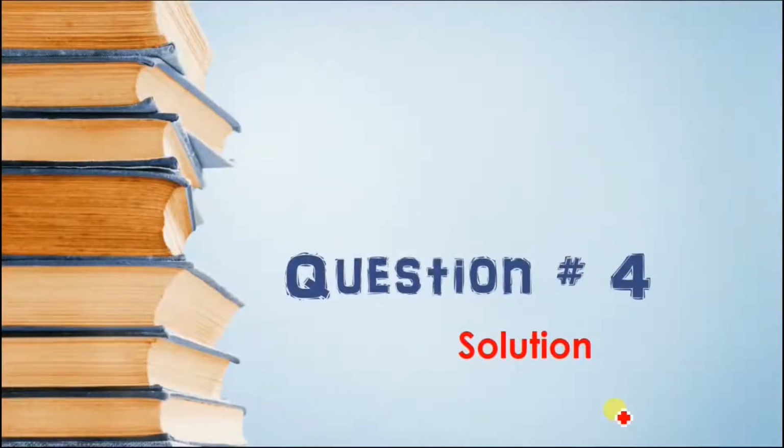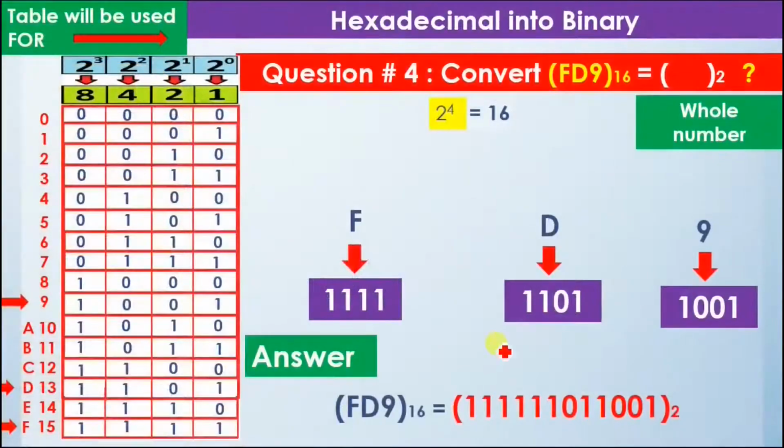Next we move to question number 4 solution. So in this question we have to convert a hexadecimal number into binary and we are going to use the whole number for that. So we are given the number FD9 in hexadecimal and we have to convert it into binary. So we write the number FD9 here.